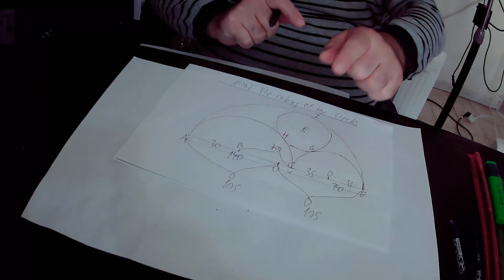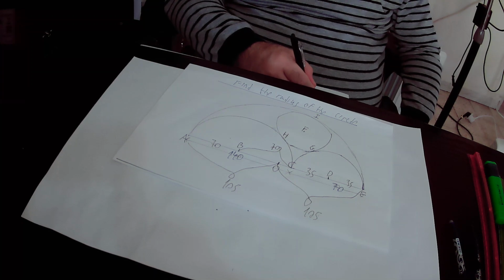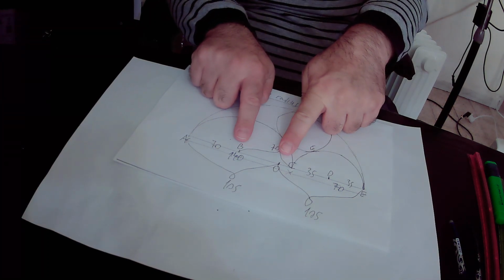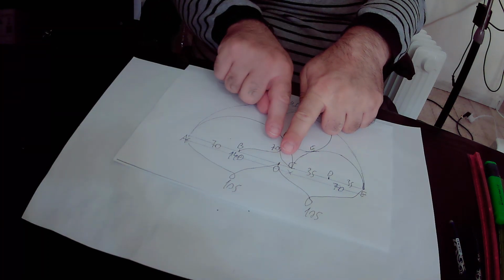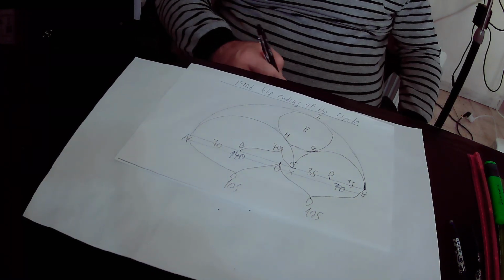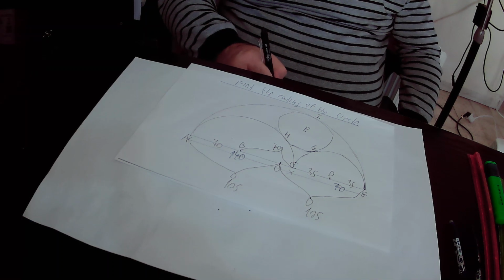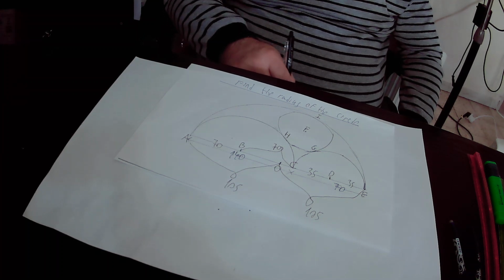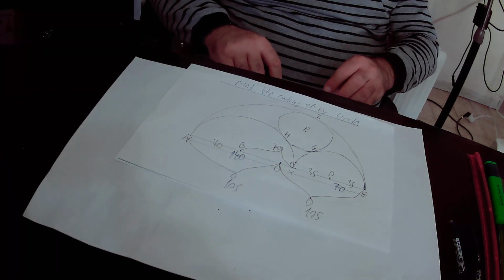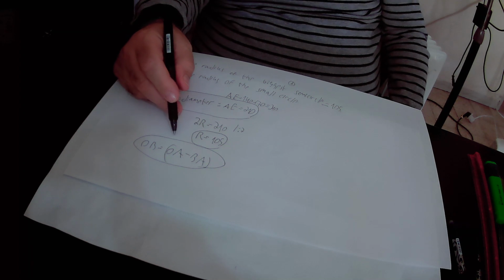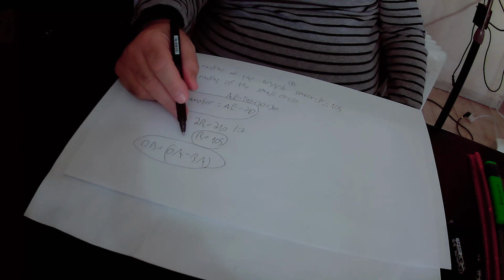From the drawing, it is very easy to see that the length of this line segment OB equals OA minus BA. We'll repeat again. From the drawing, it is very easy to see that OB equals OA minus BA.